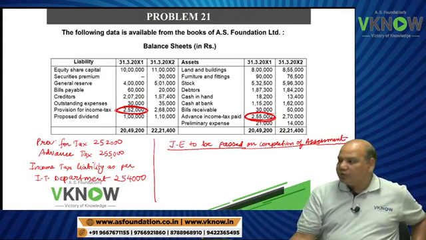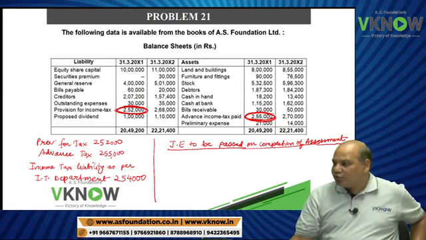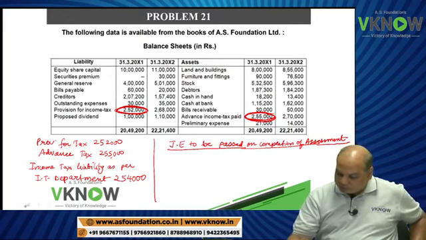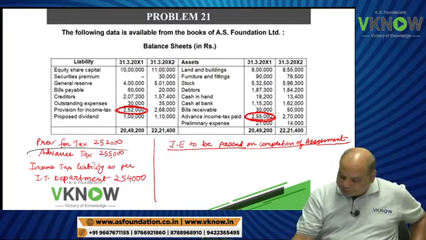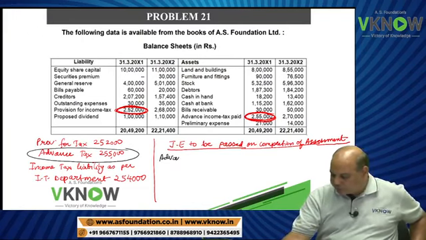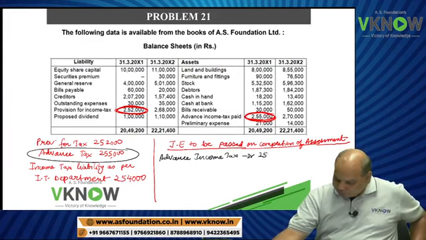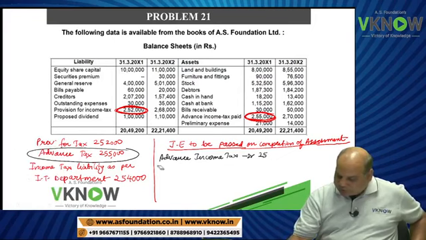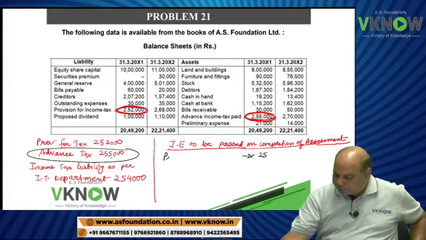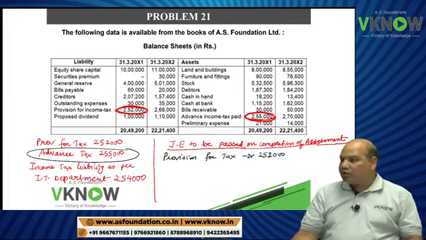So this company would pass the following entry: provision for income tax account debit 2,52,000. This account will close.